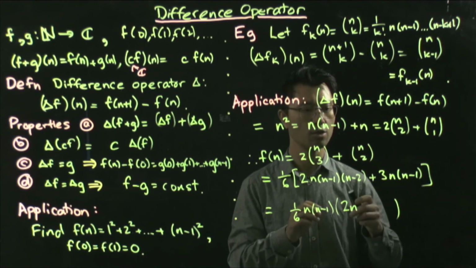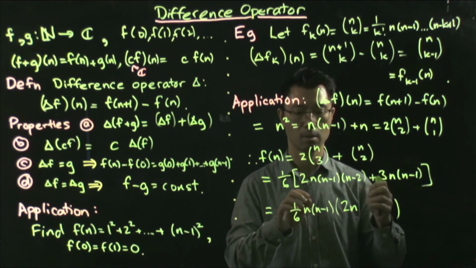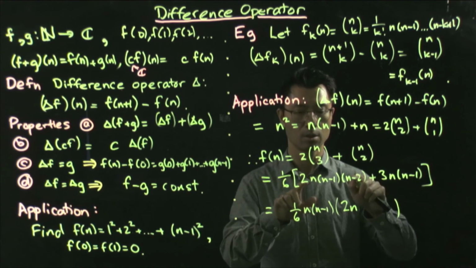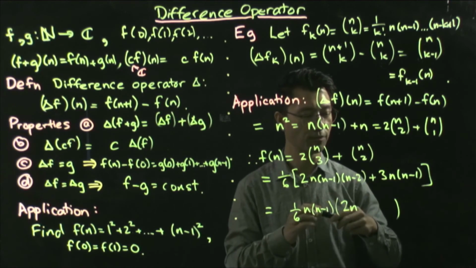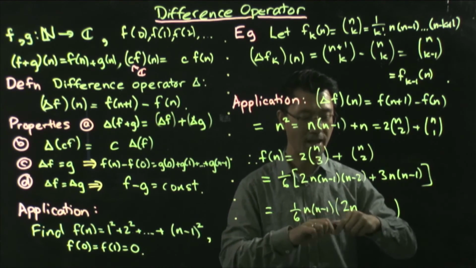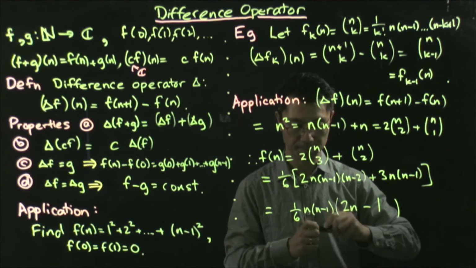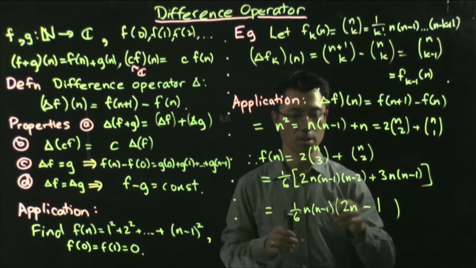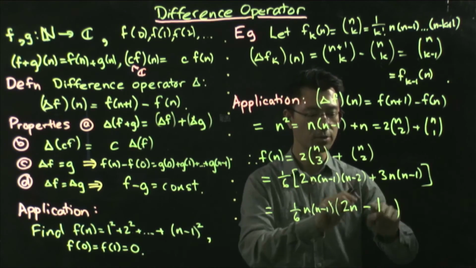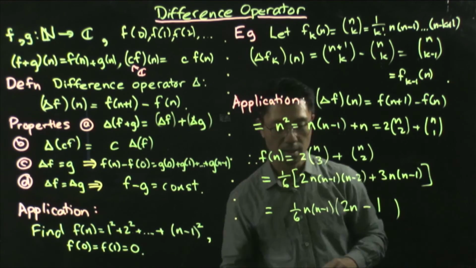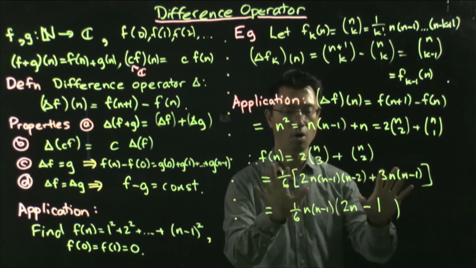And you've also got 2 times minus 2, which is minus 4, and you have to add 3 to that. You've got 1. So it's minus 4 plus 3, that gives you your answer.